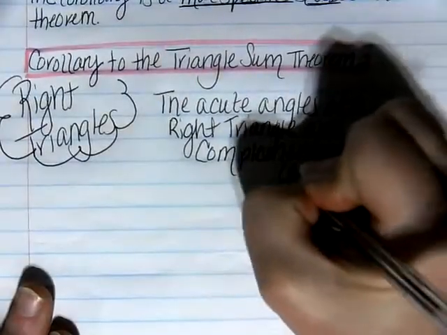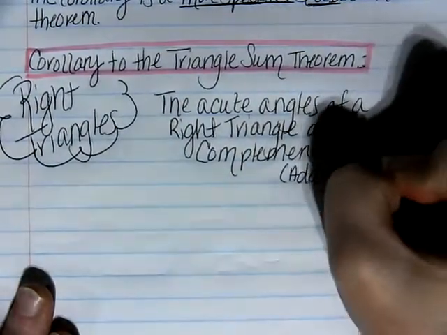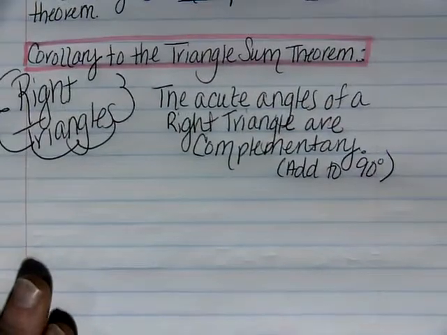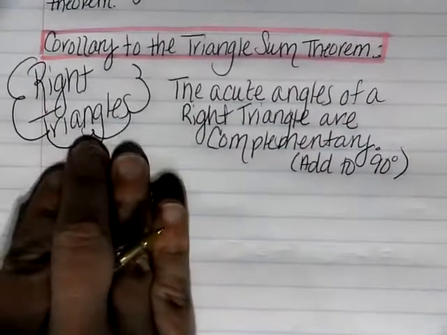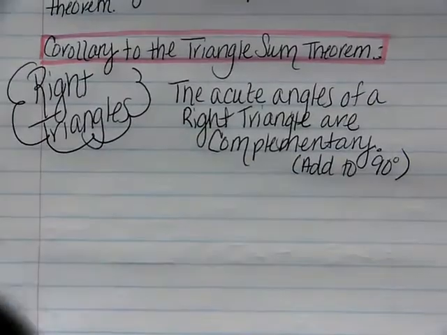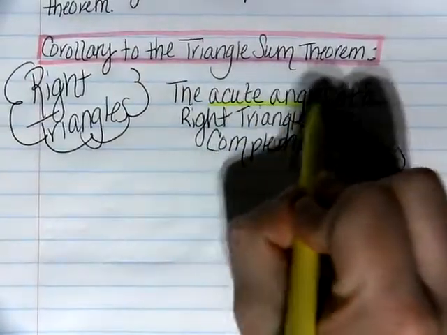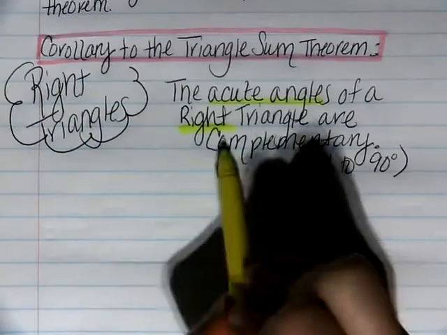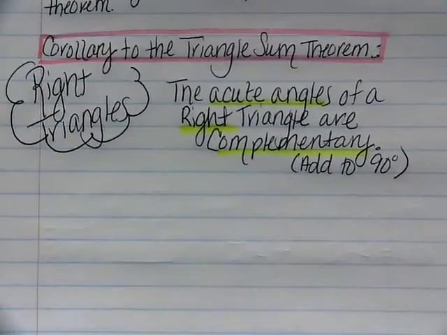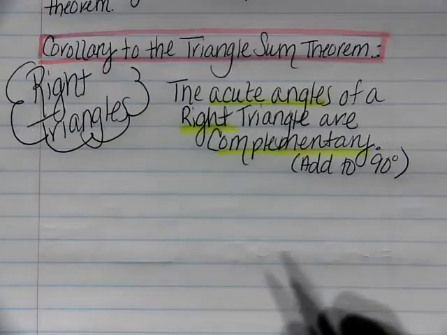Complementary means that they add to 90 degrees. So this corollary to the triangle sum theorem says we know that all of the angles of a triangle add to 180. But if we're just looking at right triangles, the acute angles of a right triangle are complementary, which means that they add to 90 degrees.